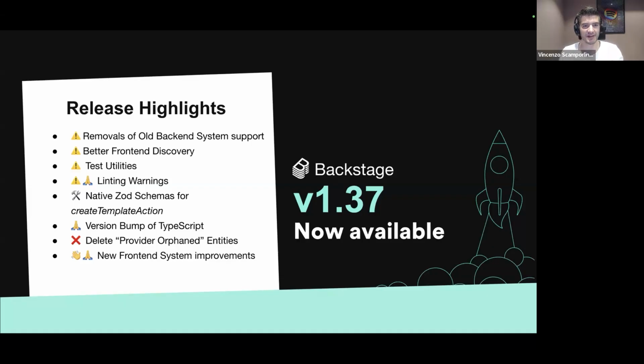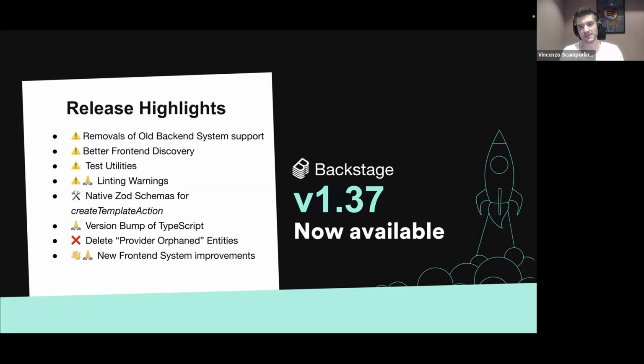And next on the list, scaffolder create template action. There you can now use Zod for defining your schemas. So your action will become more readable and less error prone for writing your inputs and outputs. And then we had a bump of TypeScript for our internal toolings, which now use TypeScript 5.6.